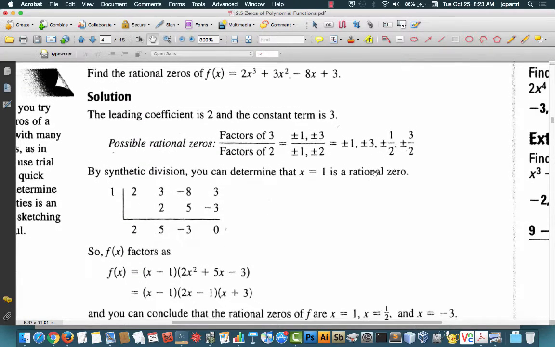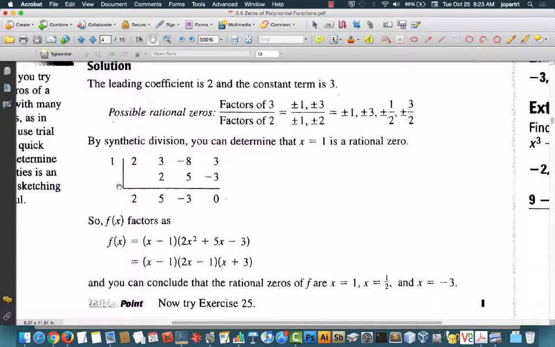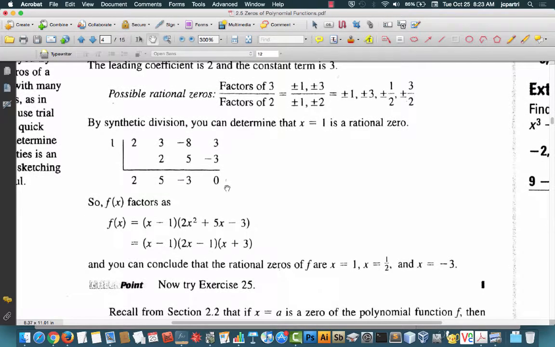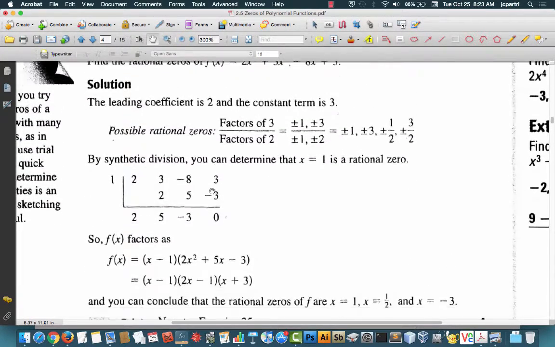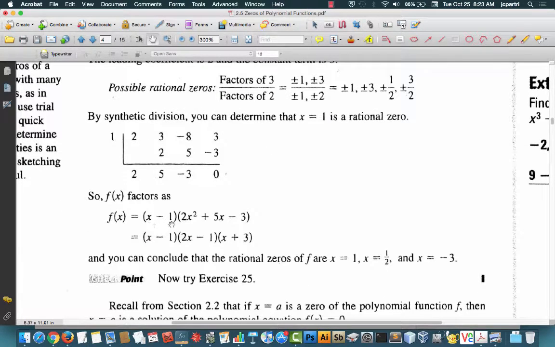So what do we do? We pick one. So we choose 1. Drop the 2. Let's begin the synthetic process, and we get a remainder of 0. And so that means that the function here at the beginning factors into the following: x minus 1 times 2x squared plus 5x minus 3. Notice the coefficients here.